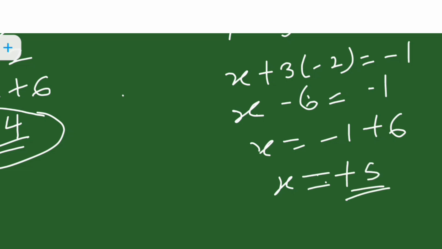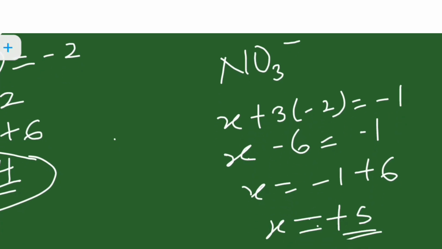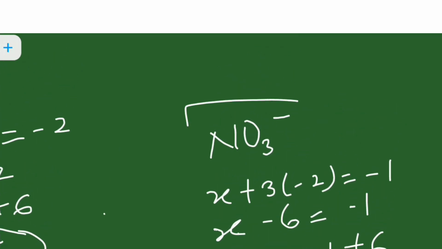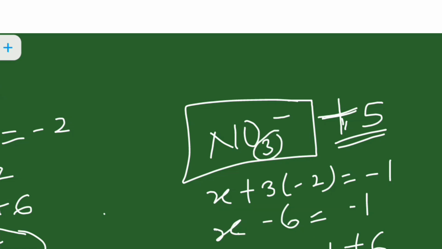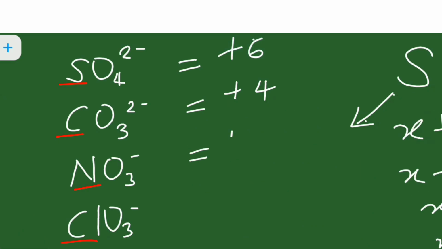So the oxidation state or number of nitrogen here is +5. So this anion, you can call it trioxonitrate(V). Trioxo because you have 3 atoms of oxygen. So always add the sign. Don't just write 5. You have to include the sign.